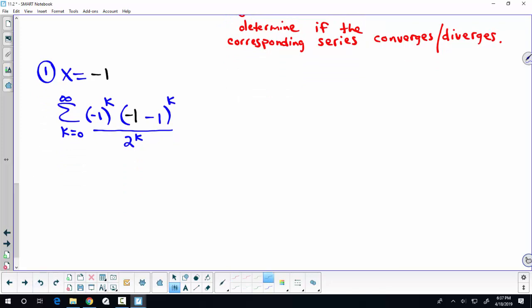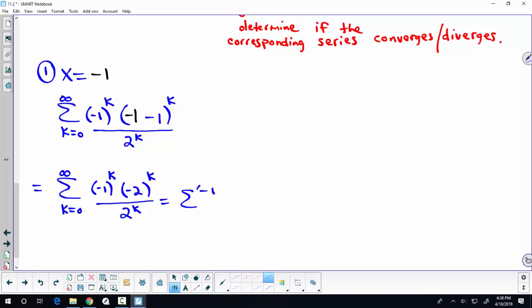Okay, so it's helpful to then simplify this. Does everybody see that's going to be equal to 1? So the -2 to the k, I'll just write it out again.